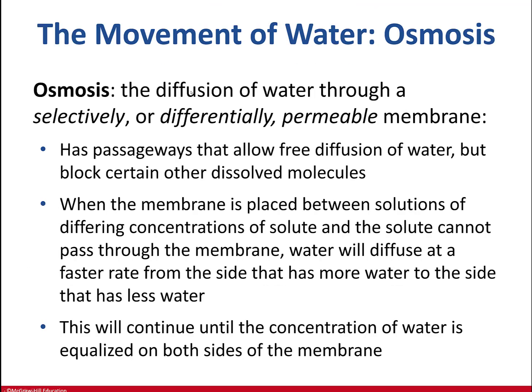So osmosis is the diffusion of water selectively or differentially through a membrane. And that's the key with osmosis, and it's really interesting. The membrane has passageways that allow free diffusion of water but block certain other dissolved molecules. When the membrane is placed between solutions of differing concentrations of solute, and solute cannot pass through the membrane, water will diffuse.